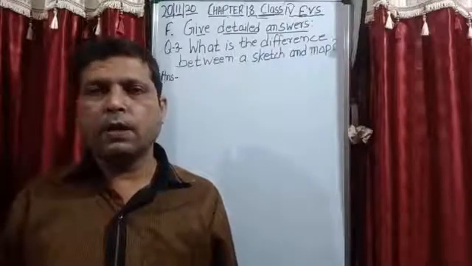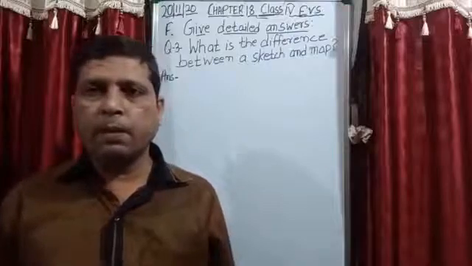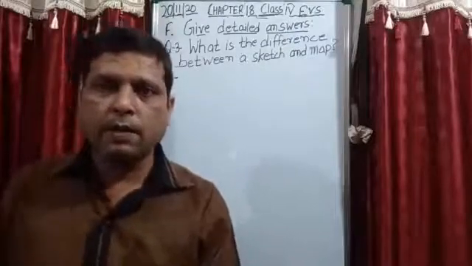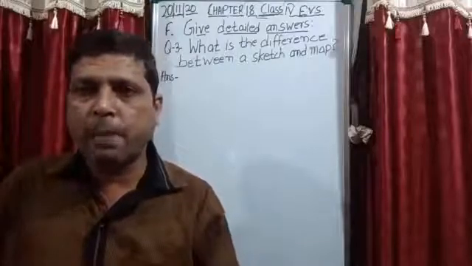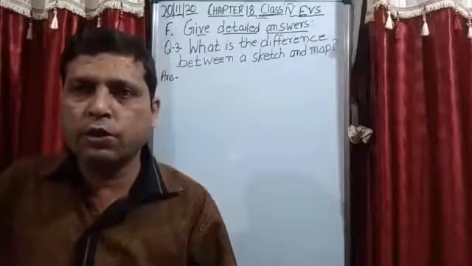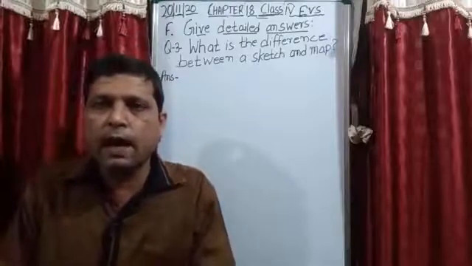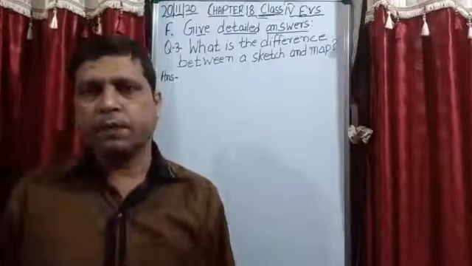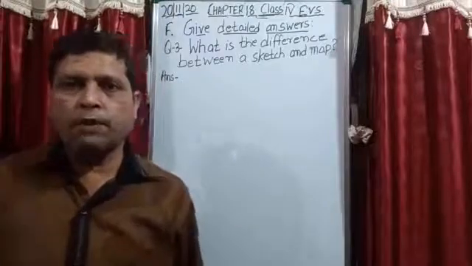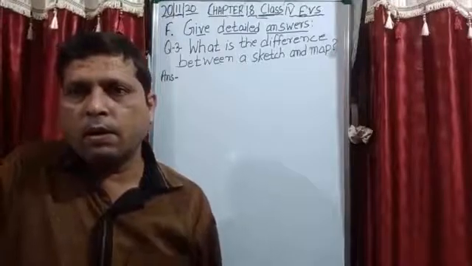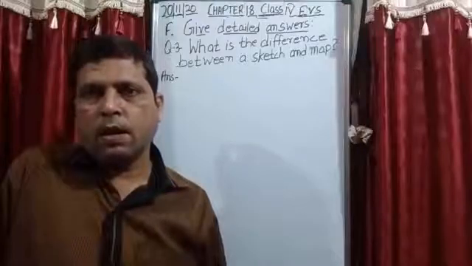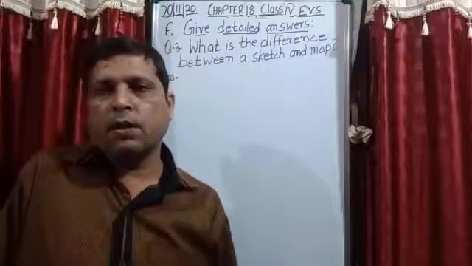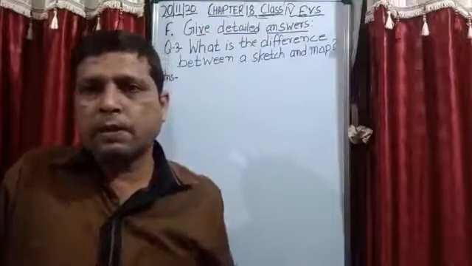Is it clear? Because in a map there are many features by which we understand the language of the map. Maps are always drawn to scale. Now the question arises, is the scale the same in all maps?